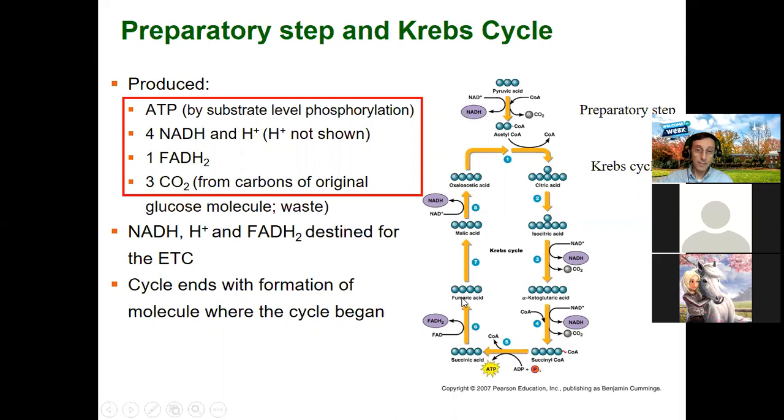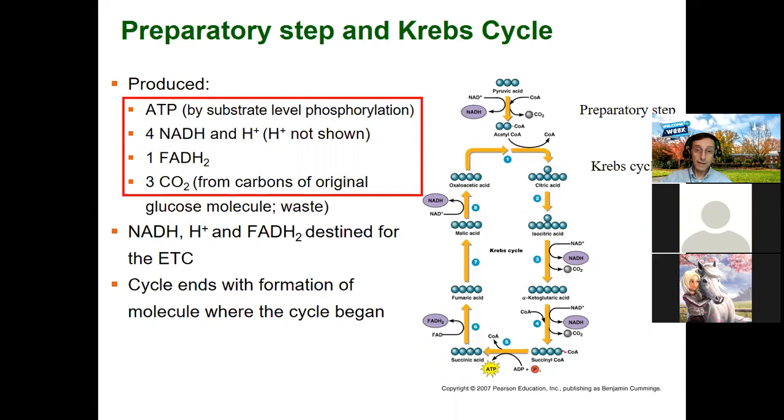This molecule moves to that molecule, which moves to that molecule, which moves back to oxaloacetic acid, so we end up where we started. And that's why it's called a cycle. It just continues in a circle, ending up where we start, oxaloacetic acid. So as long as acetyl coenzyme A joins the Krebs cycle, it'll keep running. Any question about any of that?